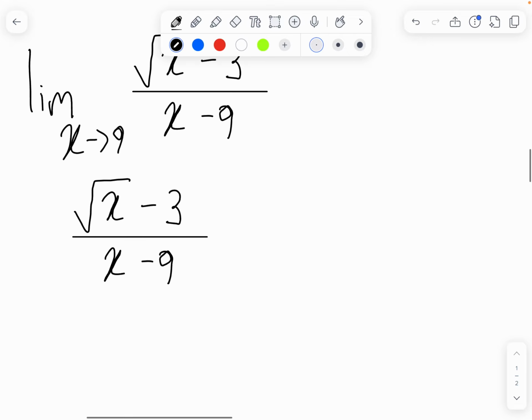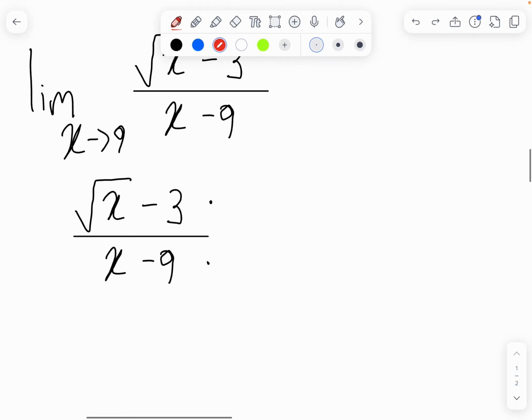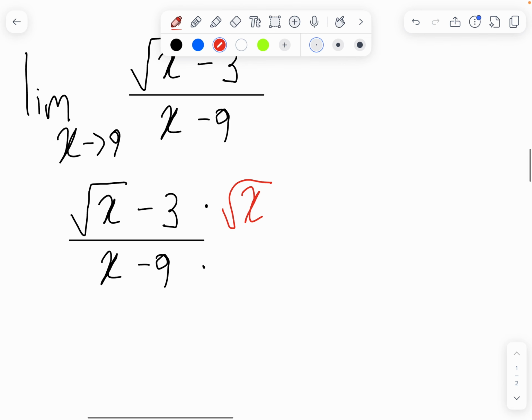And if you learned Algebra 2 in pre-calc, you know that all you have to do is multiply by the conjugate. So on the top, I'm doing this in red, I multiply by the square root of x plus 3, and on the bottom I multiply by the square root of x plus 3.